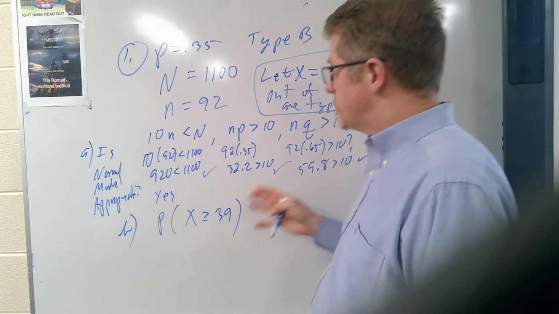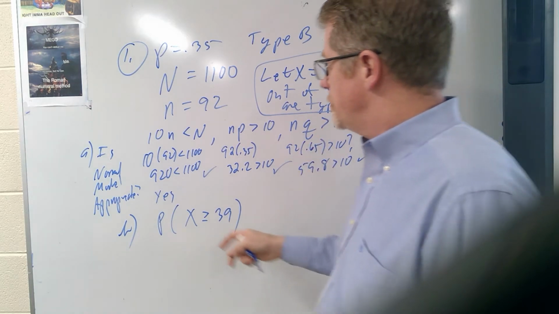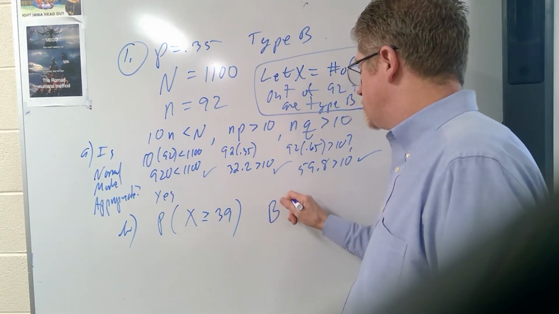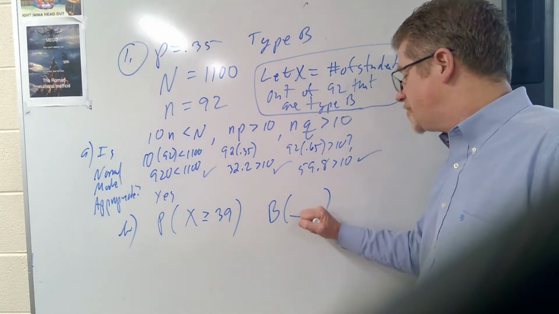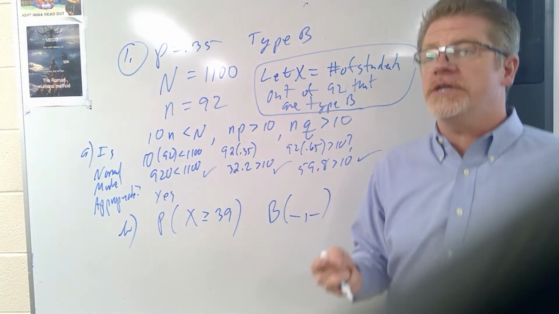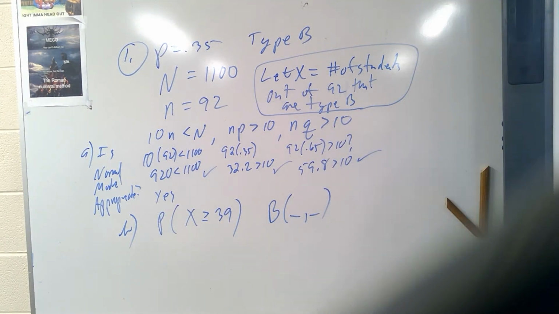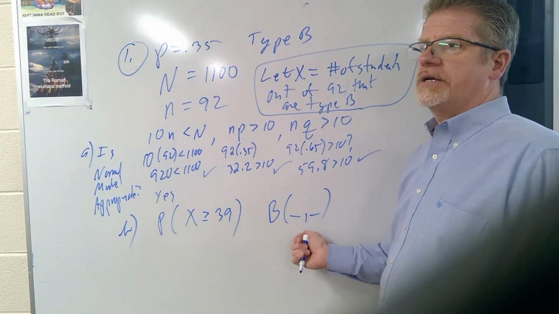If you're going to use a binomial model here, you have to define X, then write a probability statement, but you're also going to have to specify the model. So would you please tell me what the two parameters of this binomial model are that we're going to use to answer this question? You're going to have to pick.